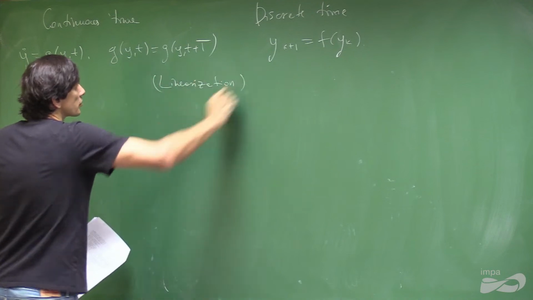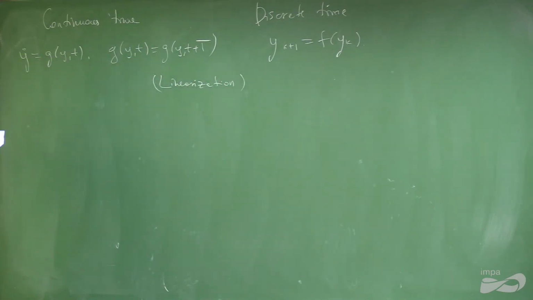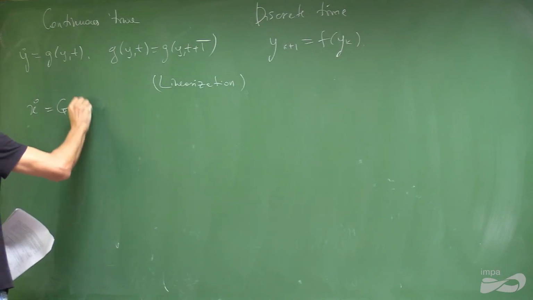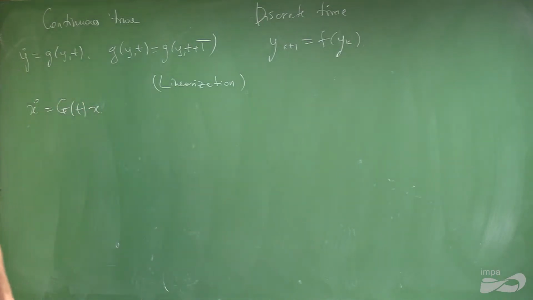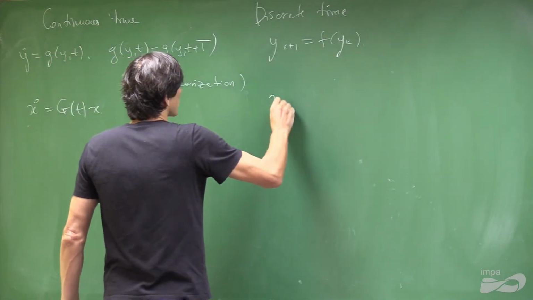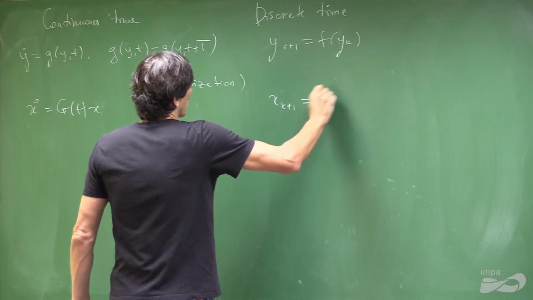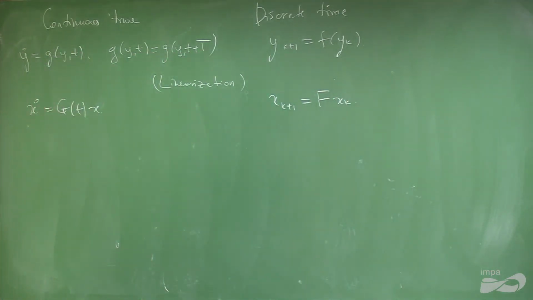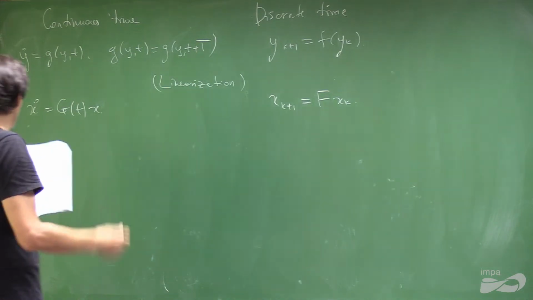The linearization gave us, on the one side, x dot equals g(t) x. On the other side, in the discrete version, x_{k+1} equals F x_k. So there is this duality.